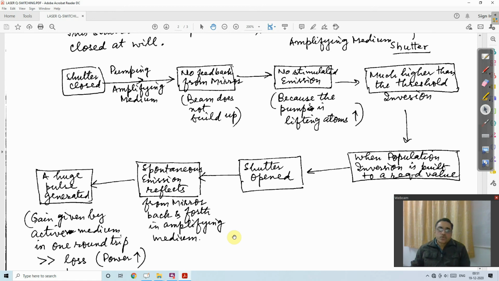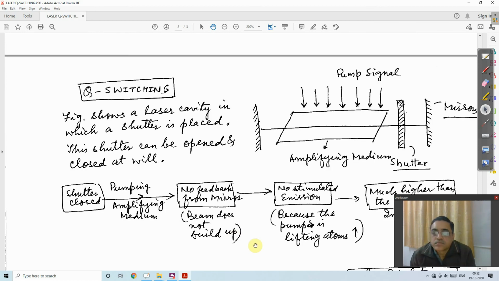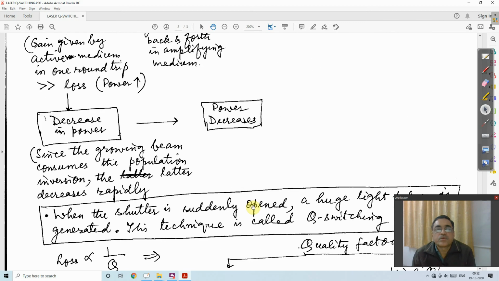The main thing is that the gain given by the active medium in one round trip is much greater than the loss. So the power increases, but the power does not always increase; there is an increase in power and also a decrease.